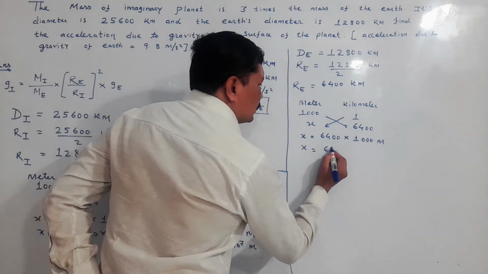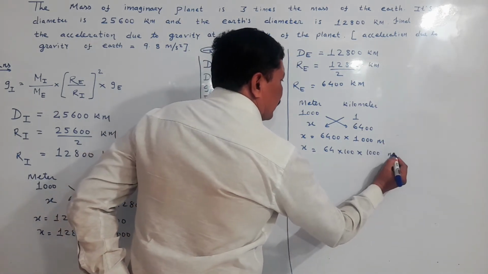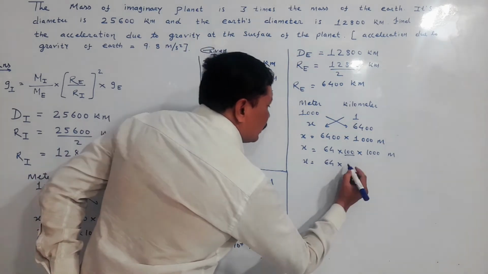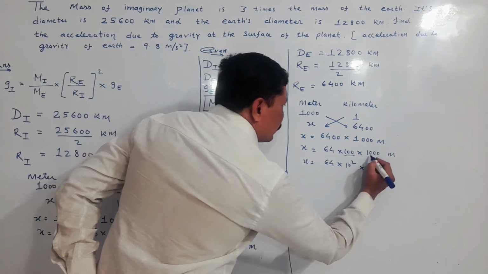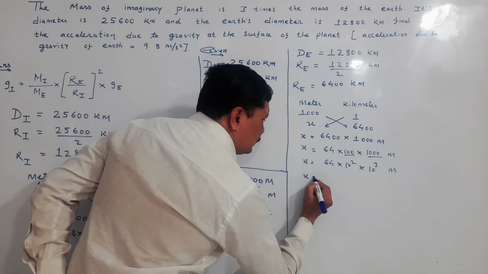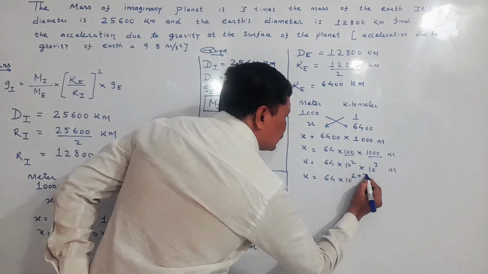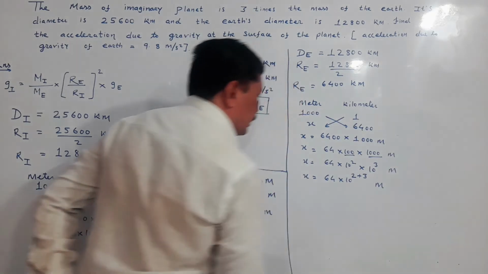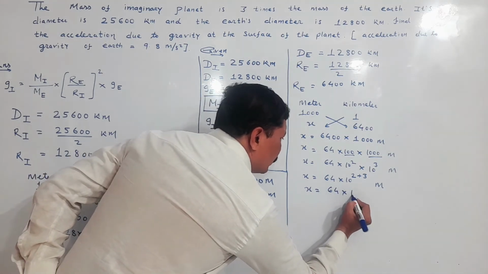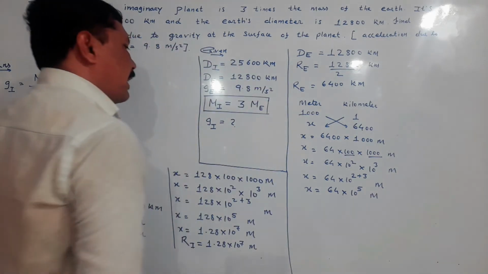X is equal to 64 into 100 into 1000 meter. 100 means 10 square and 1000 means 10 cube, so x is equal to 64 into 10 to the power 2 plus 3 meter. So x is equal to 64 into 10 to the power 5 meters.